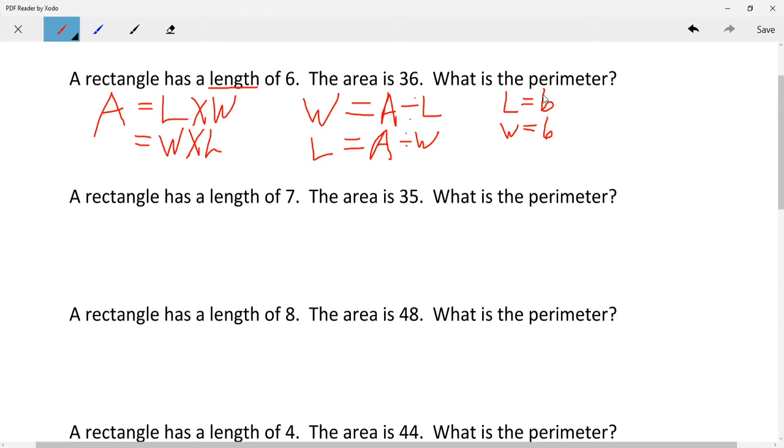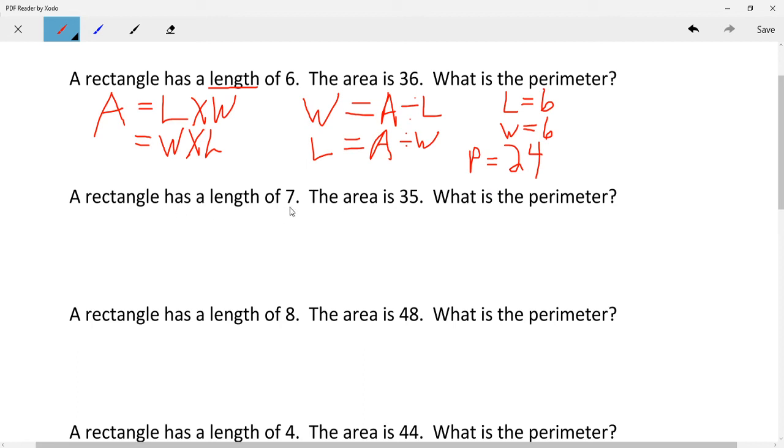When we're finding the perimeter of a square where all the sides are the same, you can just multiply one of the sides by 4 because there are 4 equal sides. So 6 times 4, the perimeter equals 24. Okay, because 6 times 4 is 24.